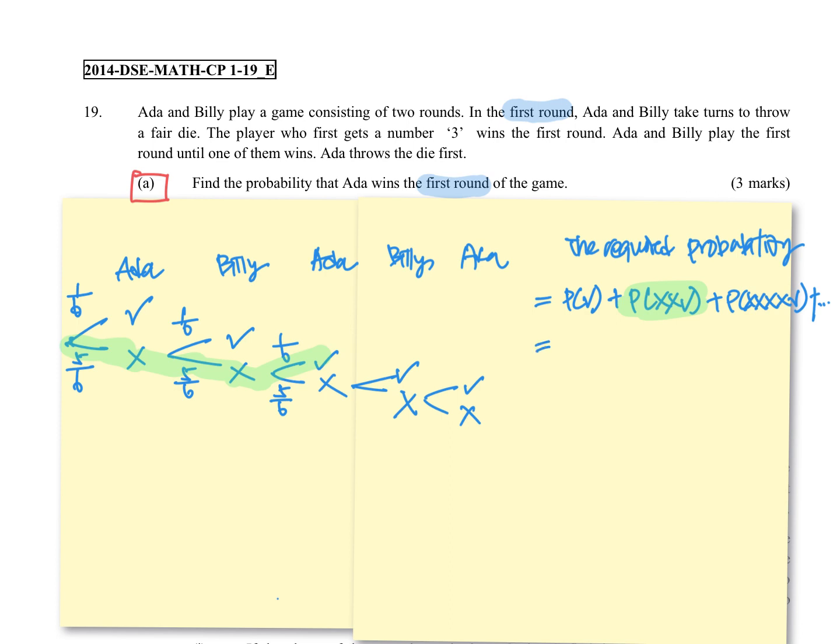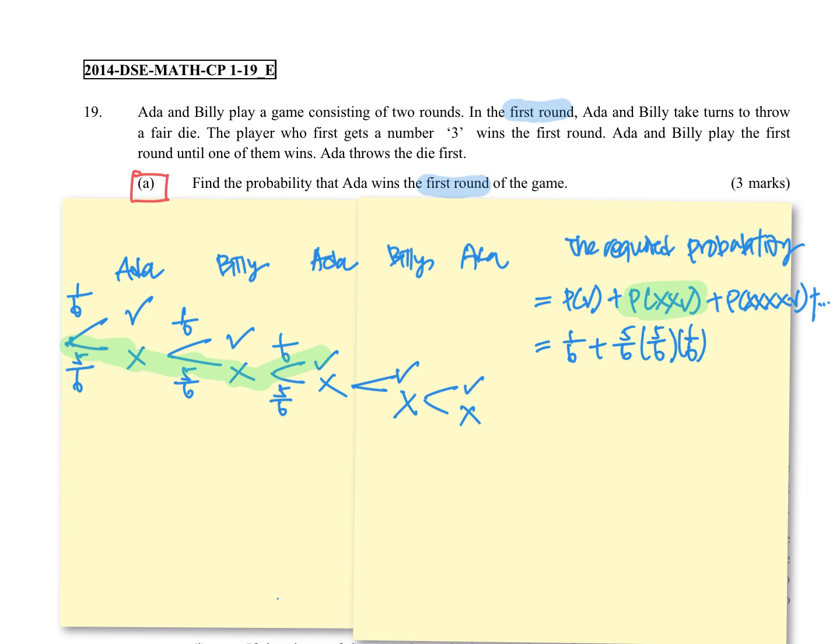So for the first round, 1 over 6. If the first 2 rounds cannot get number 3, that will be 5 over 6 times 5 over 6, and then 1 over 6.